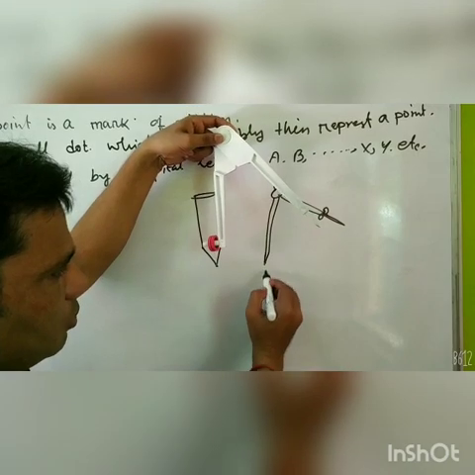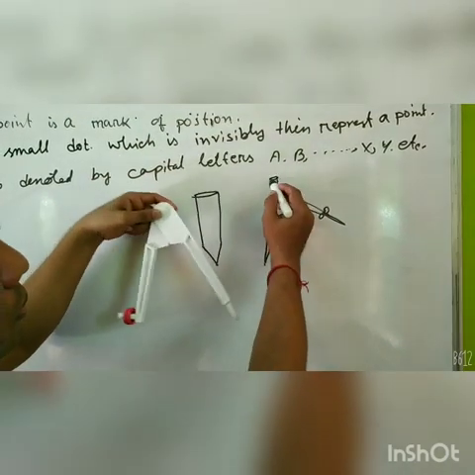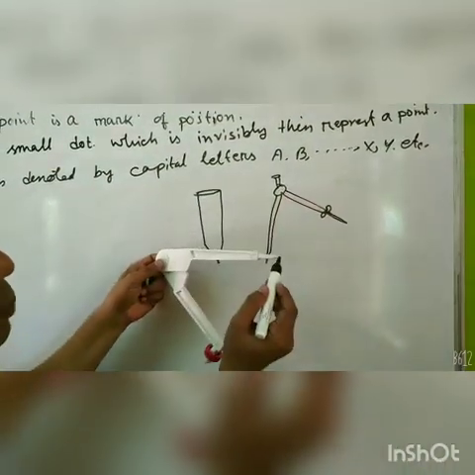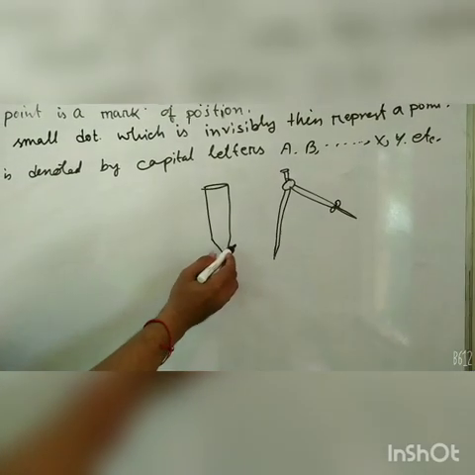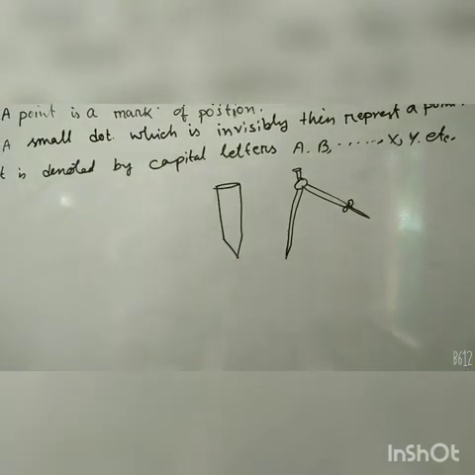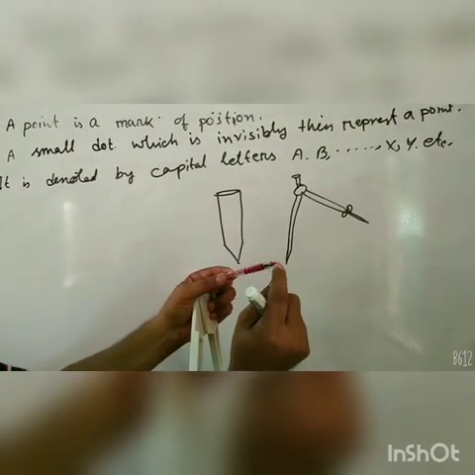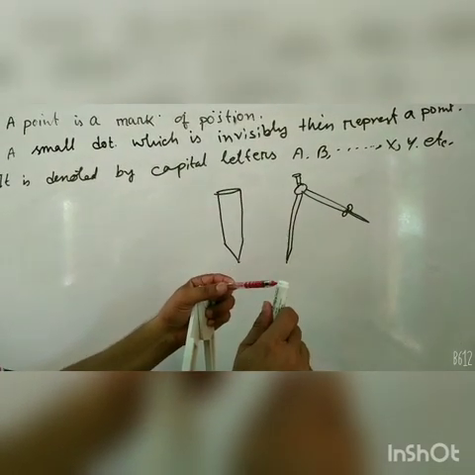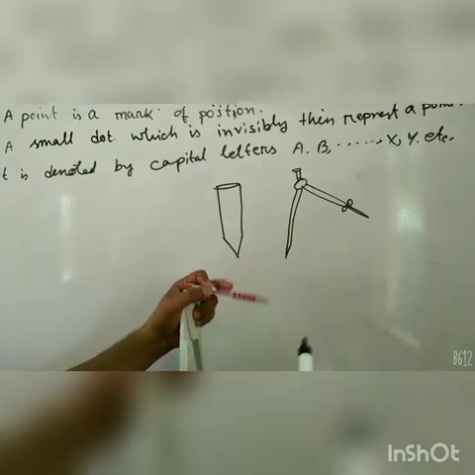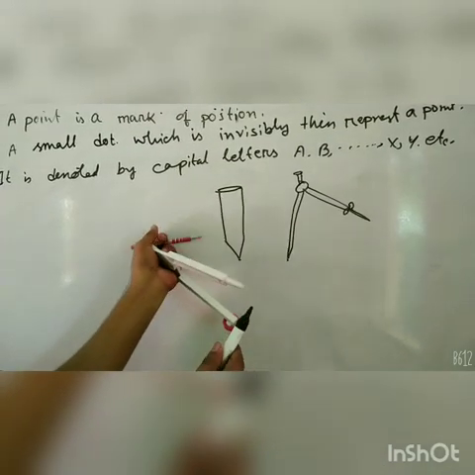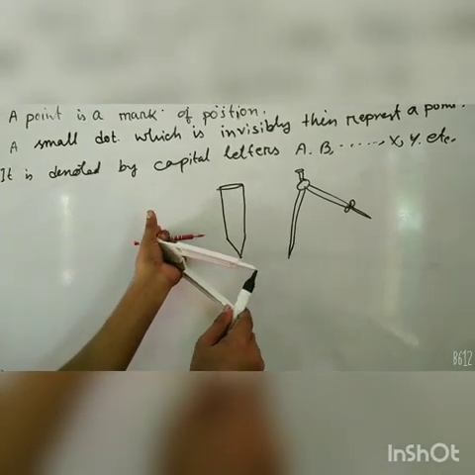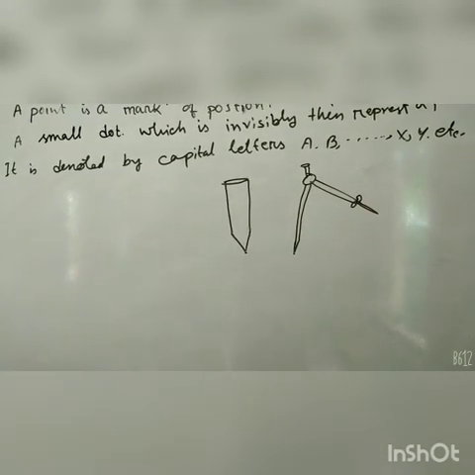So this is the tip of the compass or the pen with the sharp end. This is the example of a point.